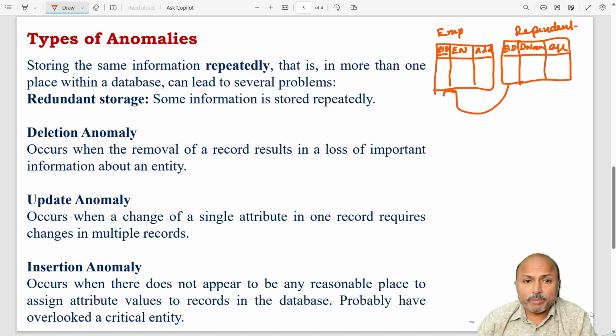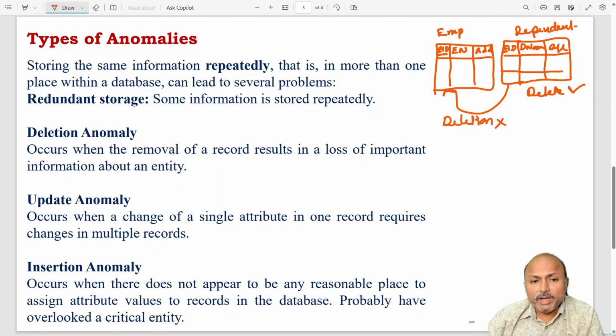Okay, here in this case, what happens? Deletion anomaly. That means whenever you are deleting in the dependent table, no problem. But in the employee table, it is not possible. Am I right? That is a deletion anomaly. That means where to delete and where not to delete, we need to understand.